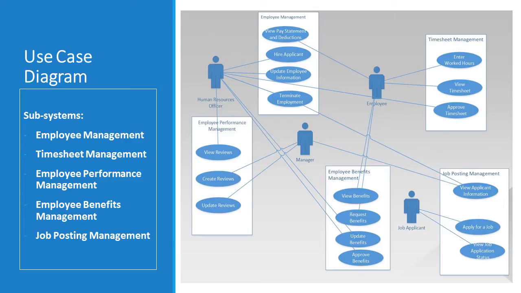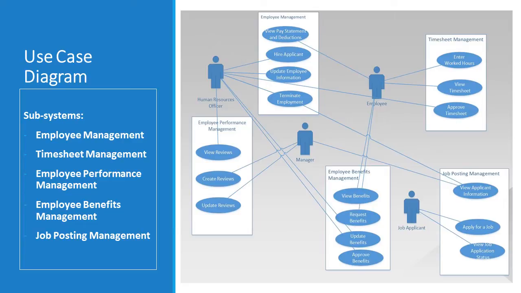The employee will be able to enter the worked hours, view the timesheet, and approve the timesheet. The employee also will have benefits and will interact with the employee benefits management and be able to view benefits and request benefits.